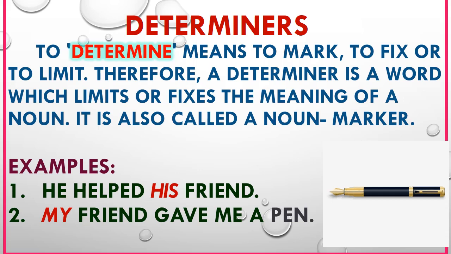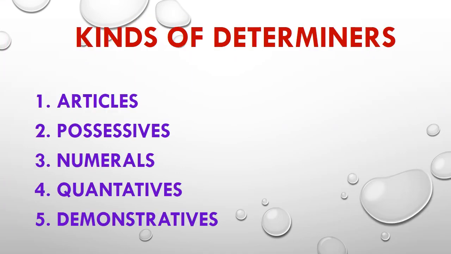In other words, a determiner is a word placed in front of a noun to specify, quantify, or to clarify what the noun refers to. One more thing, a determiner identifies whether the noun or noun phrase is general or specific. So, this is the meaning or definition of the term determiners.